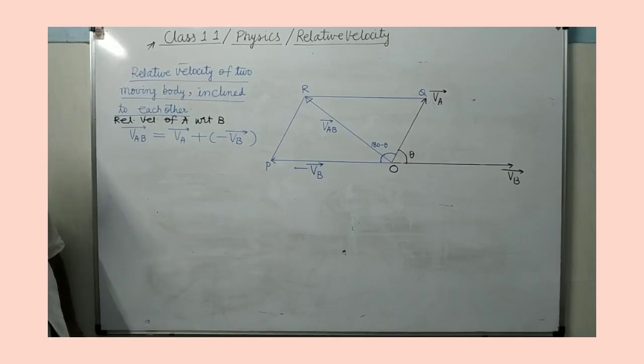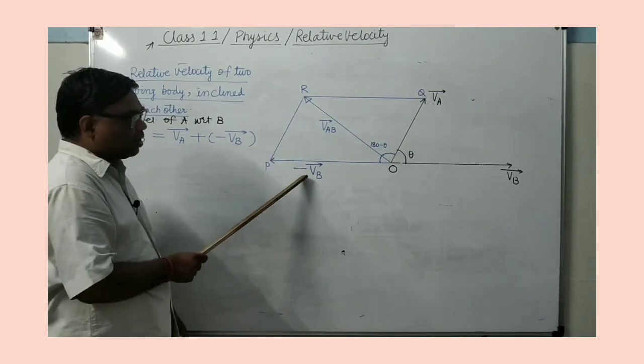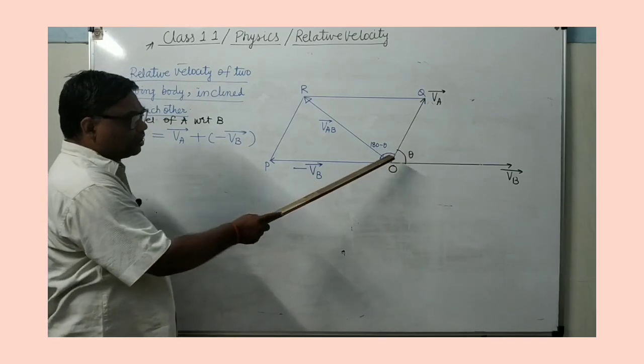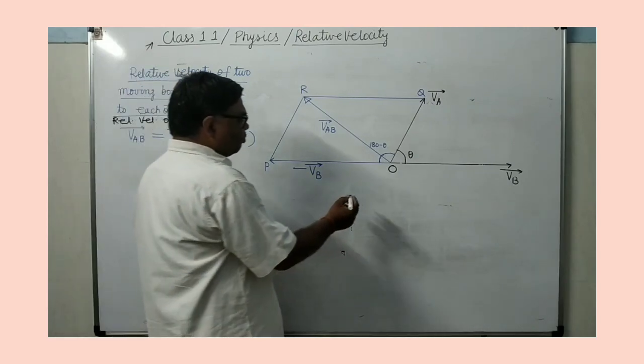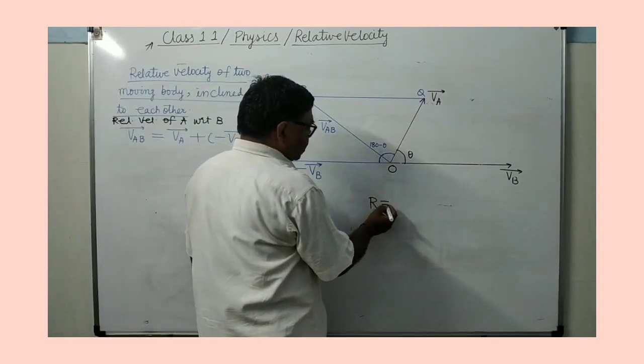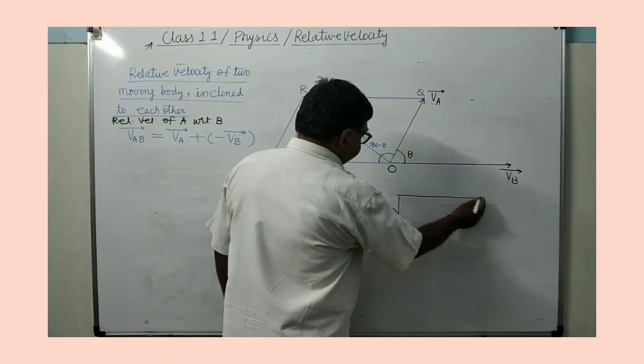Now how will you find vector VAB? What is the angle between both the vectors, vector VA and negative vector VB? Since this is theta, this will be 180 minus theta. Already you know there is one formula for two vectors A and B acting at an angle theta from each other.